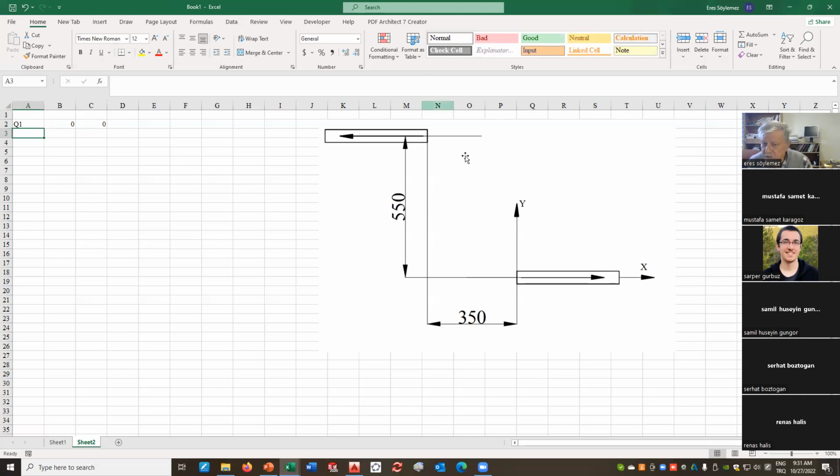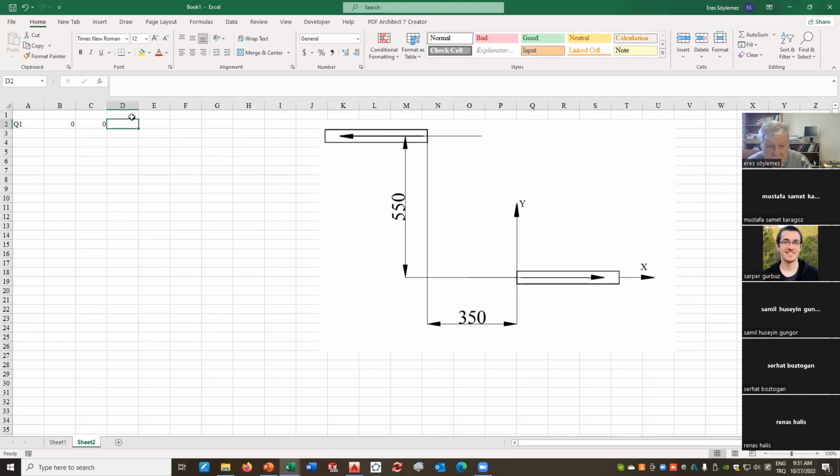If you want, you can place your reference frame over here or over here. I don't care. It depends on how you want to analyze this. Depending on the person solving this problem, you can place your coordinate frame anywhere you like.